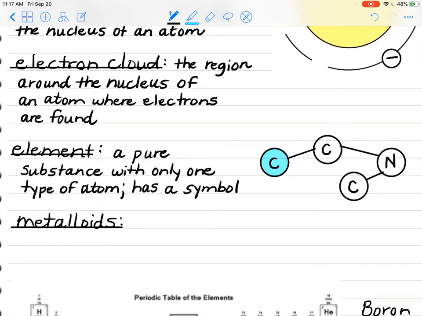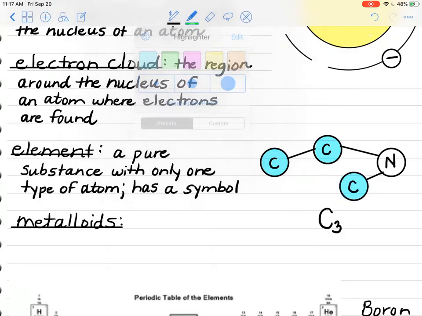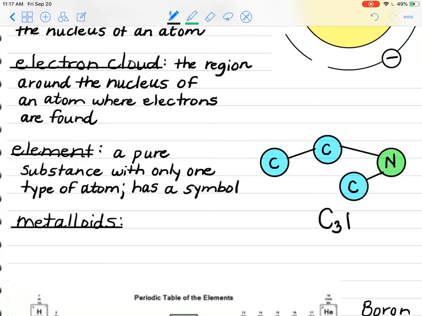And how would I write that in a symbol? If that were a molecule, it would be C3, because there are 3 C's, but it would have 1 N. This is not an element because it's not pure. So let's fix this to be pure. We're getting there.